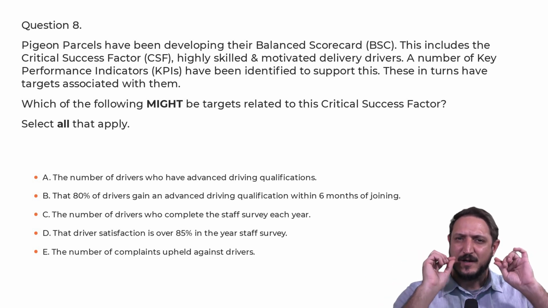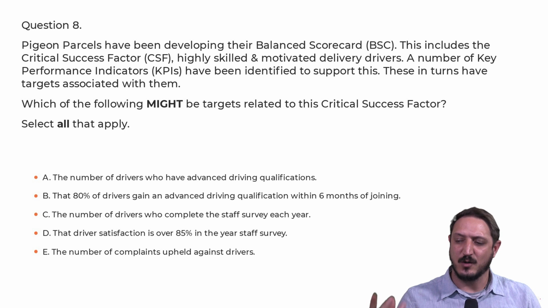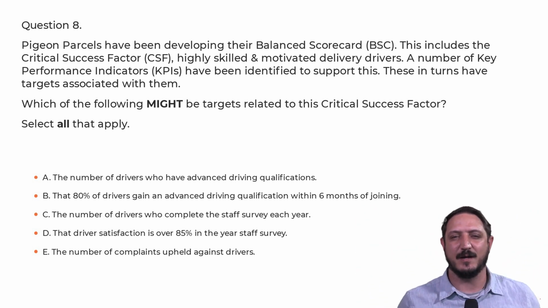So there are no real numbers in there or anything like that. It's just a statement saying what we need to achieve, a qualitative description of the critical factors that need to take place in order to achieve the objectives. And there may be a number of them for a single objective. So you can almost see, we were thinking about the VMOS before, we were talking about the VMOS.